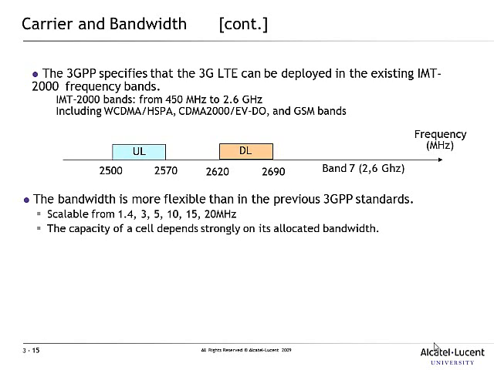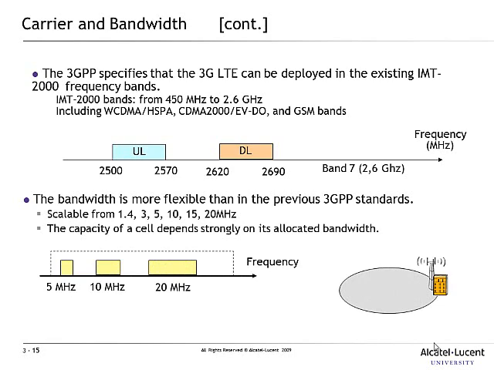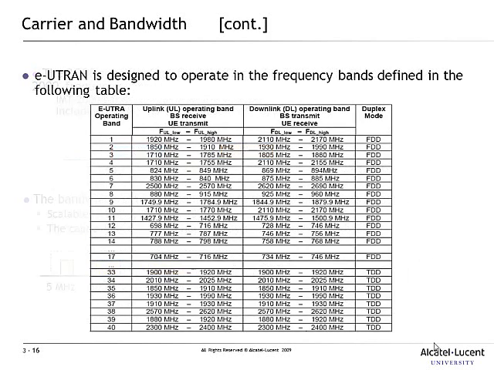Obviously, the larger the bandwidth that you have, the more users or the higher the capacity that you can support. So again, there is flexibility not only in terms of the frequency of operation, but also in terms of the bandwidth that can be used.